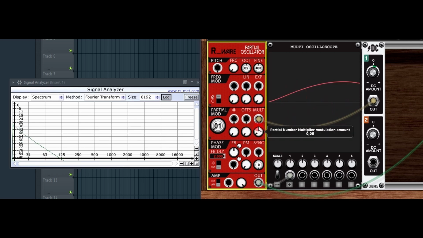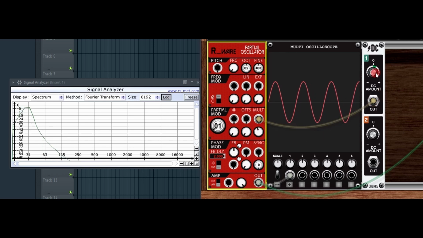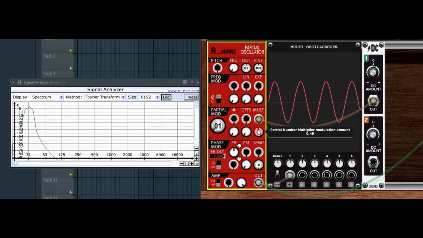And now I increase the attenuator, and we get frequencies below 65 hertz because it multiplies by 1 volt attached here. 1 volt times, for example, now 50% and so on.